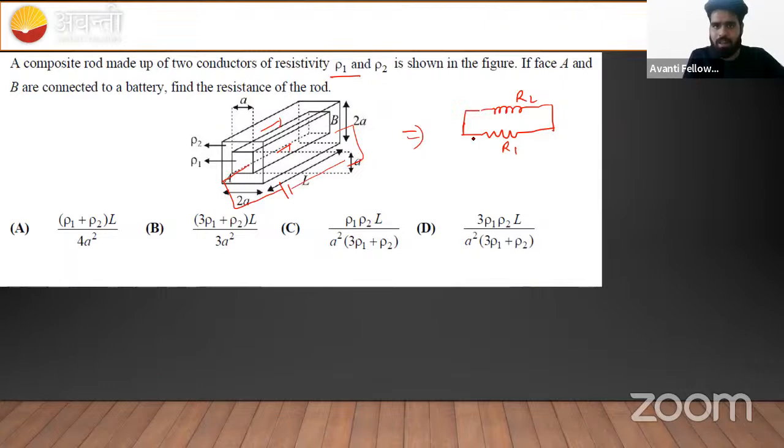So R equivalent can be written as R1 R2 divided by R1 plus R2.